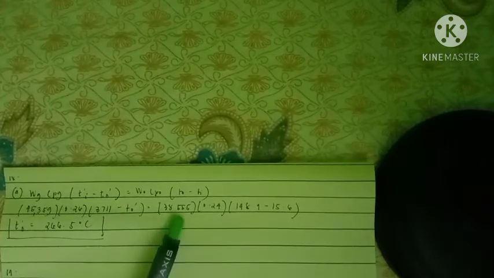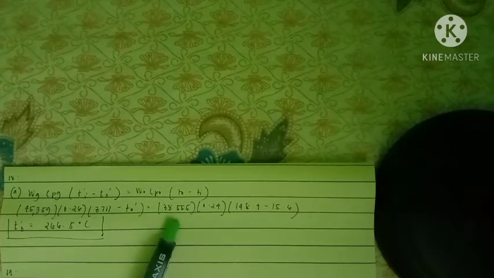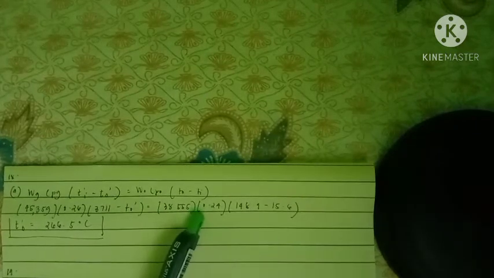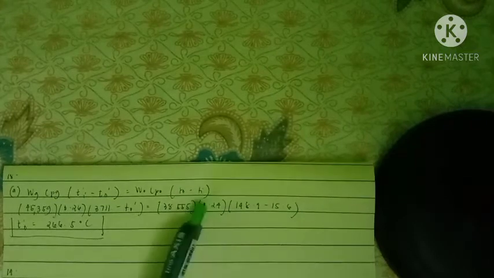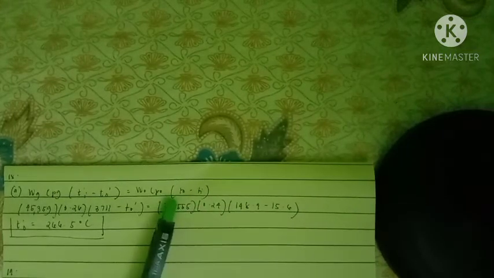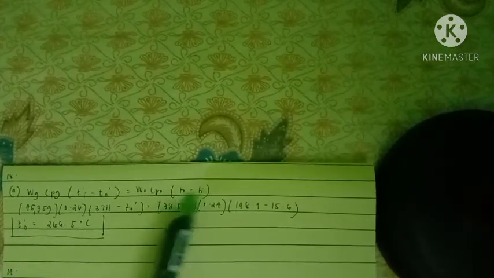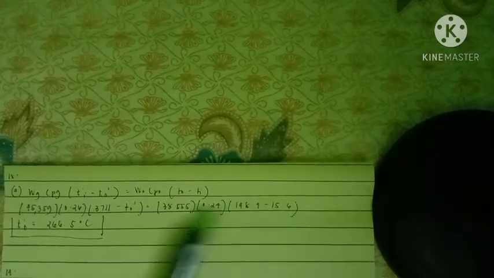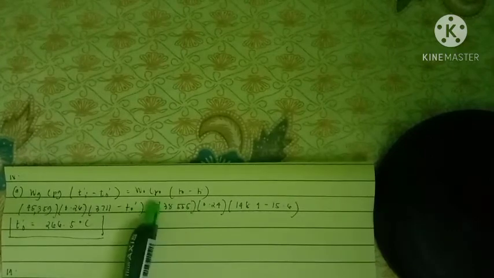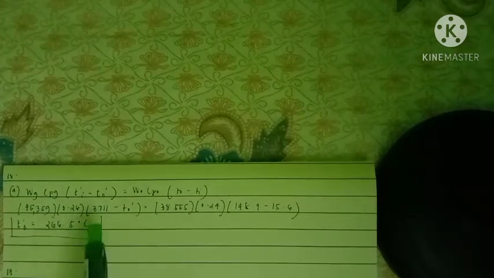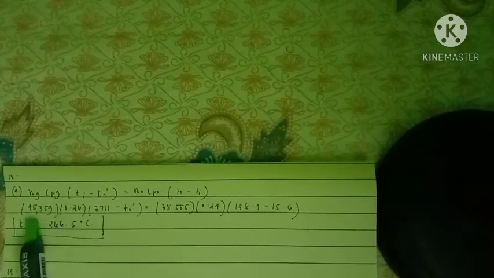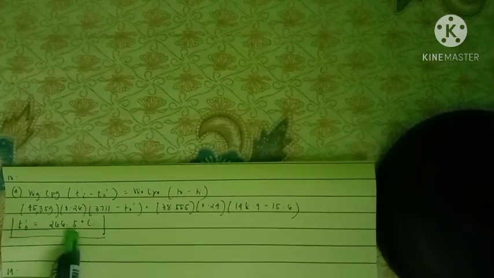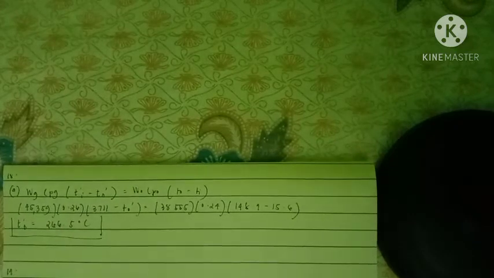This is equal to our W sub A, which is 38,555, times our C sub PA, which is 0.24, times our delta, I mean the difference between these two, 148.9 minus 15.6. Deriving this will give us the T prime sub O equal to 266.5 degrees Celsius.